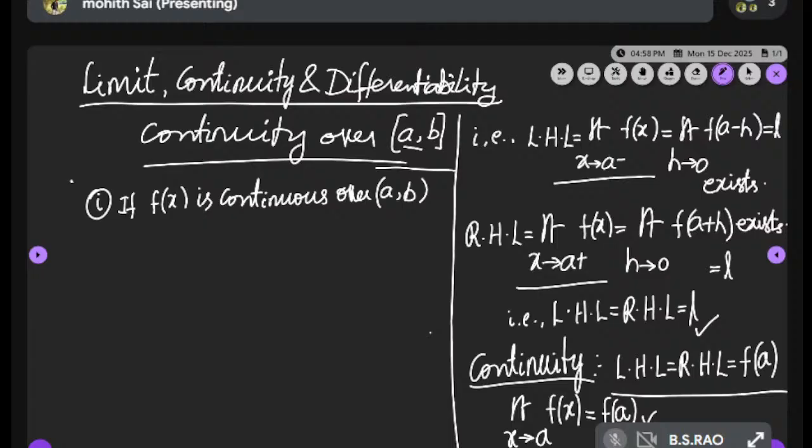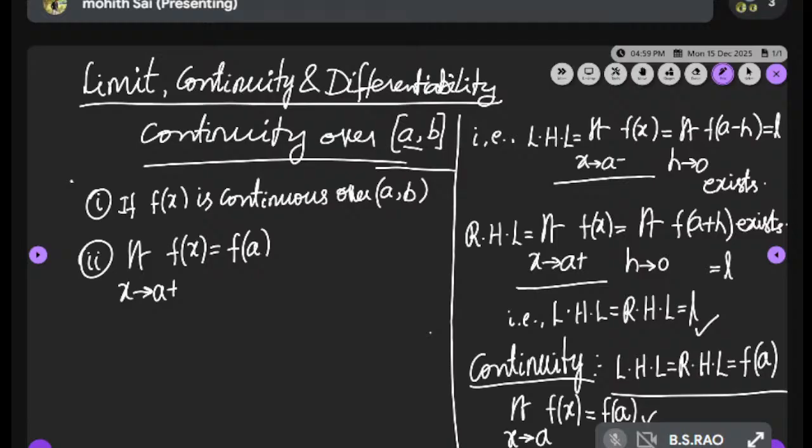At each and every point, if it possesses only finite value, we can say that it is continuous. At every point the graph has a finite value, that is continuous over open interval. Next, limit x tends to A plus f of x equals f of A.